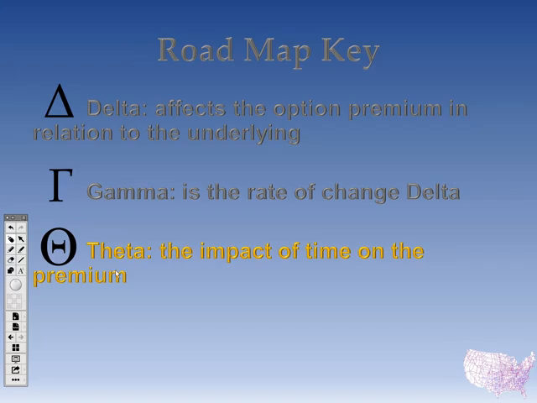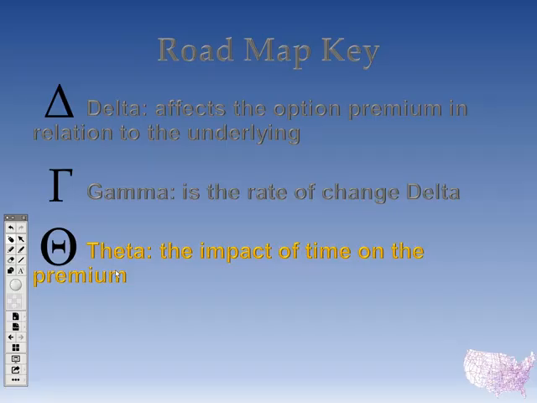Now, theta. Theta is the impact of time on our premium. We used to call theta the thief in the night because theta is always eating away at our premiums. It never stops until expiration. After expiration, then they're all gone, right? But theta, during the life of this option contract, is coming and eating away at our premium.